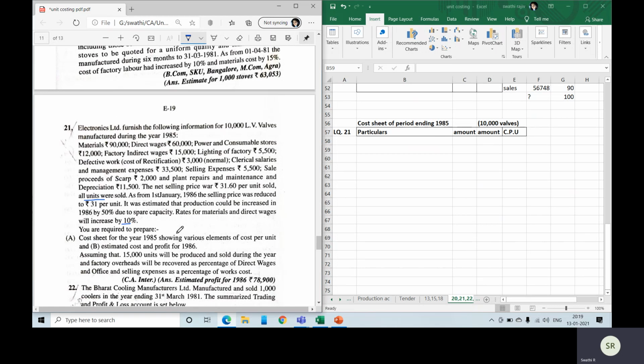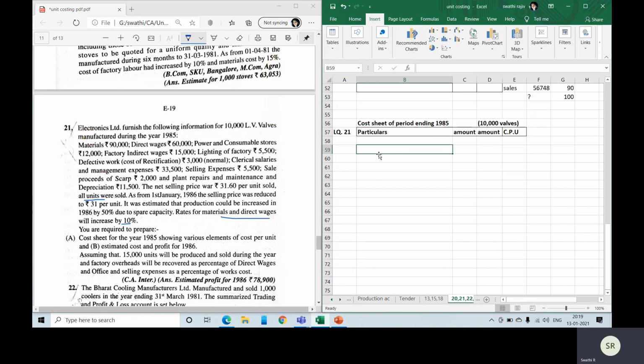Also, we are asked to assume that 15,000 units will be produced and sold during the year, and to work out factory overheads. Something about material and wages is given here, but not about any other cost. Factory overheads will be recovered as a percentage of direct wages, and office and selling expenditure as a percentage of works cost.